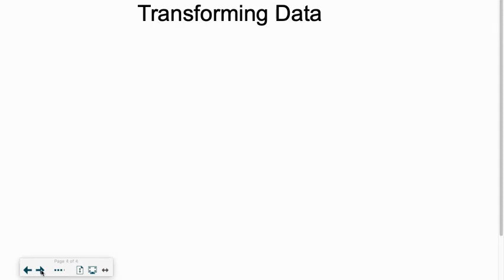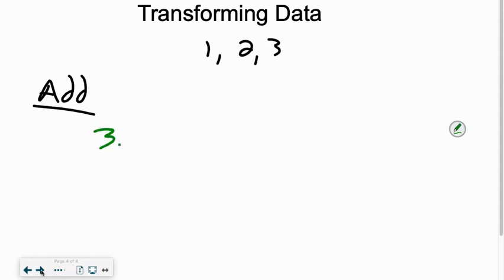If you have a set of data, so let's just go 1, 2, 3, that's our set of data. If you add a number to each value, so let's say we add 2, our new data set would be 3, 4, 5.